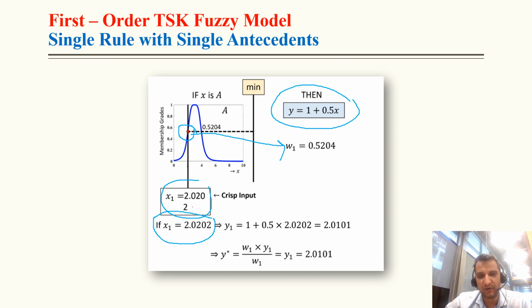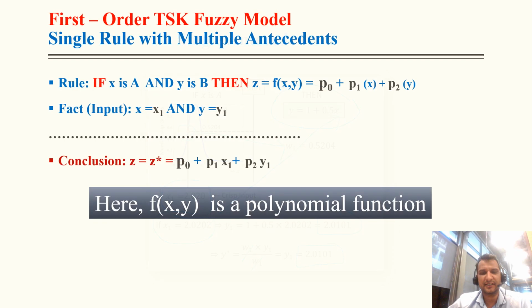So we will put the value of x in this particular equation, and the output will be equal to 2.01101. So again apply the formula w1 into y1 divided by w1, w1 cancels out w1, so therefore it will be equal to 2.0101.